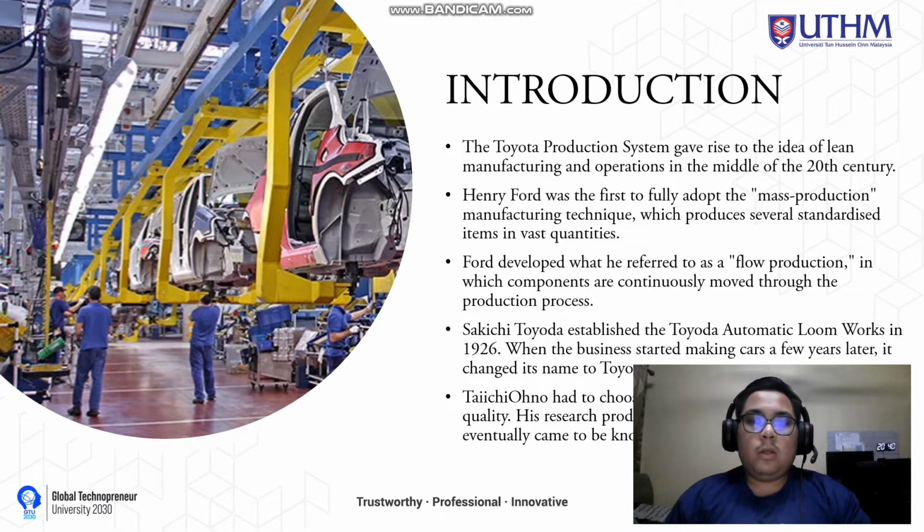The Toyota Production System gave rise to the idea of lean manufacturing and operation in the middle of the 20th century. It is founded on the idea that value should be determined from the perspective of the client, and that value delivery may be constantly improved by removing any resource usage that is inefficient or does not advance the value objective, with the ultimate aim of giving perfect value to the client through an ideal value generation process that has zero waste.